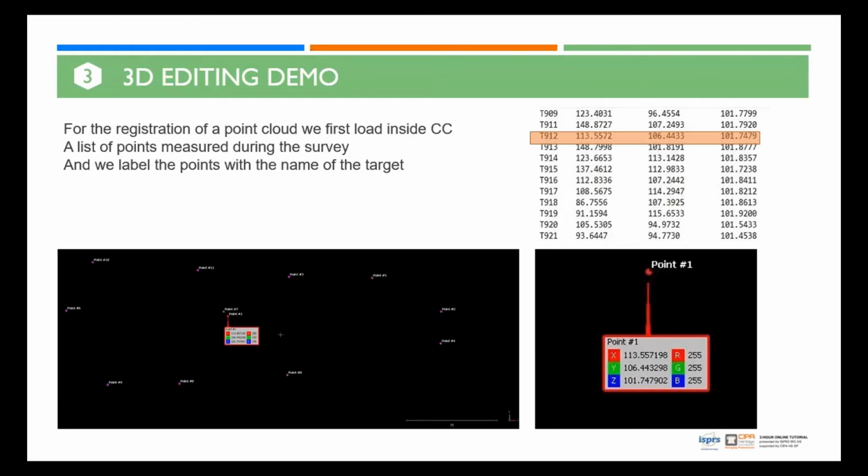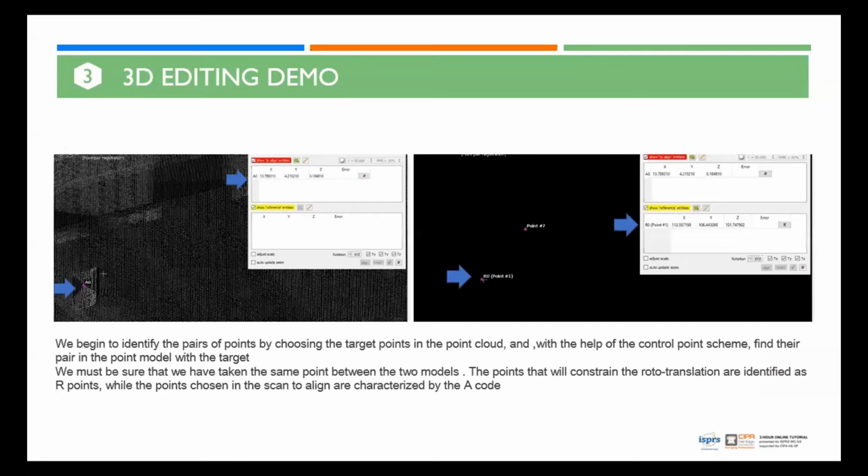So we want to register inside our system another point cloud, a raw point cloud, that we want to lock to and align with this system, that is the control network system.